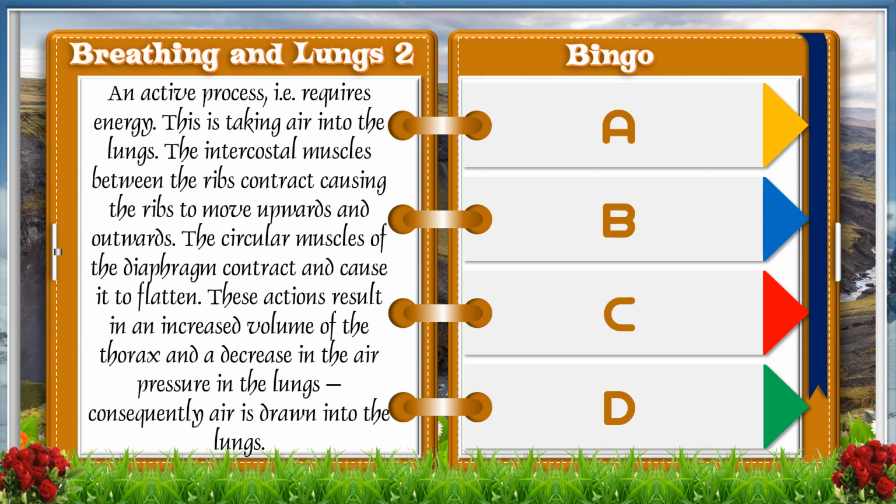The circular muscles of the diaphragm contract and cause it to flatten. These actions result in an increased volume of the thorax and a decrease in the air pressure in the lungs. Consequently, air is drawn into the lungs.